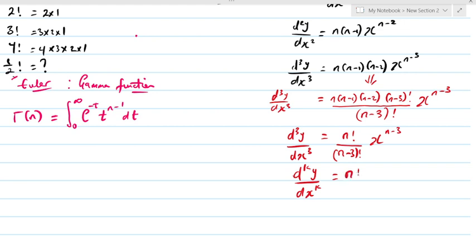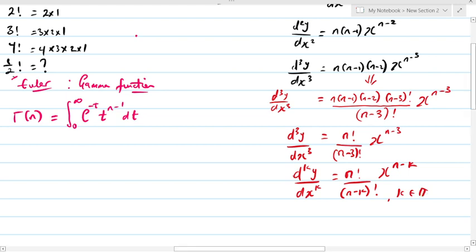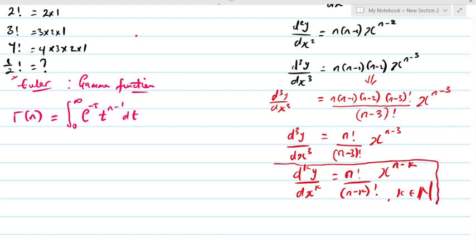That will be n factorial over n minus k factorial times x to the n minus k, where our k is a positive integer. So this is the general formula of our classical derivative. Is that taken?